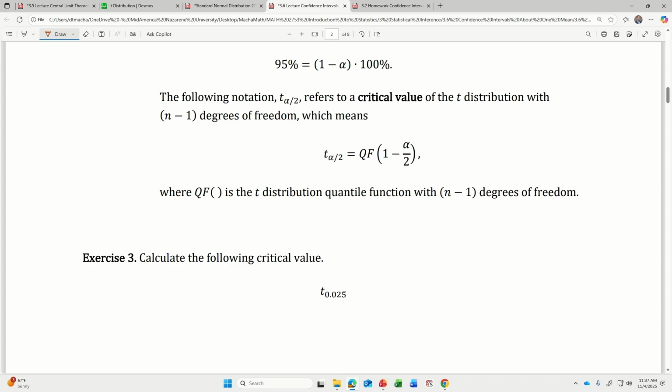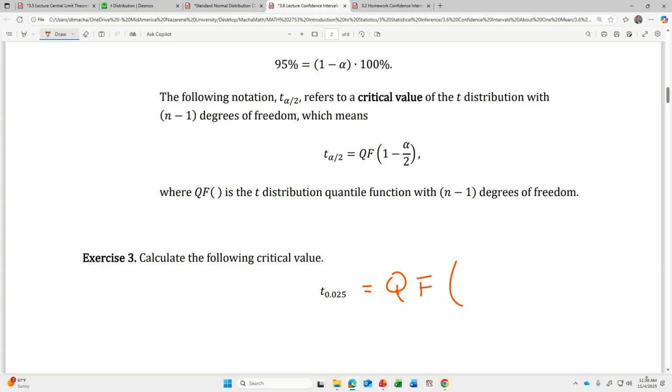So when it says calculate the following critical value, the way I would do that for t 0.025, I'm going to look at the quantile function table.